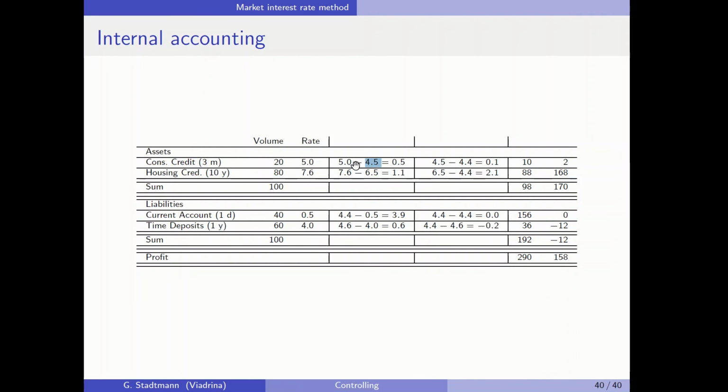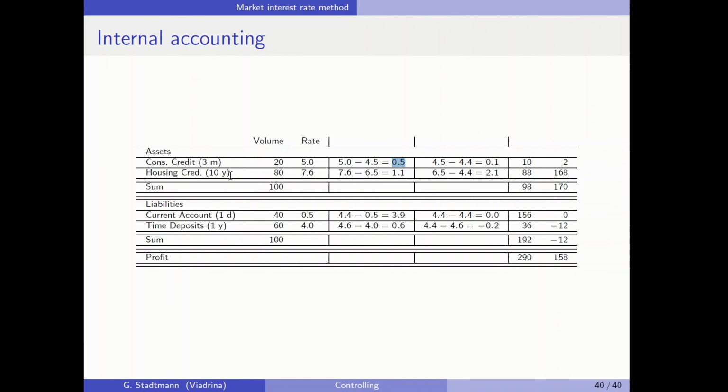So the difference between the interest rate the bank earns on the consumer credit and the 3-month money market rate is due to the fact that the bank is making business with real customers. So this profit margin of 0.5% is due to the fact that the bank is making deals with real customers.